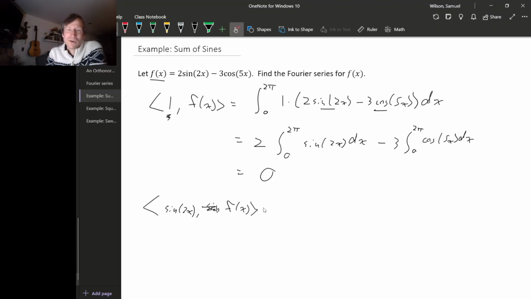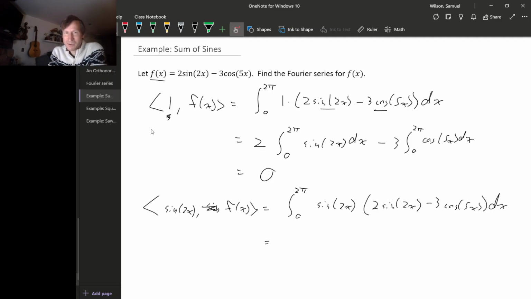Okay, so this is the integral from 0 to 2 pi of sine of 2x times 2 sine 2x minus 3 cosine 5x. Okay, now just like when we computed the last inner product, we can distribute all this stuff and pull constants outside of the integrals.